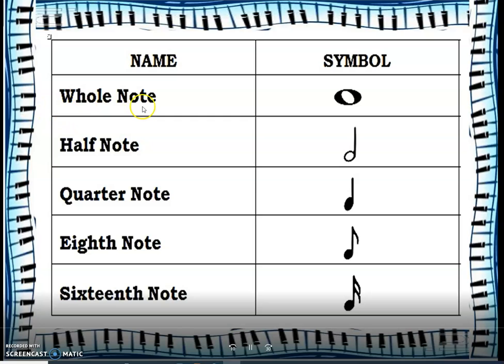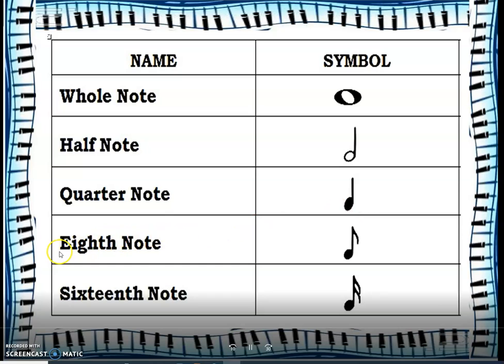First is the whole note, which has a symbol like an oblong. This is called the note head. The next one is the half note. It has a note head and a stem. The next is the quarter note. It has a note head, a stem, and shade.